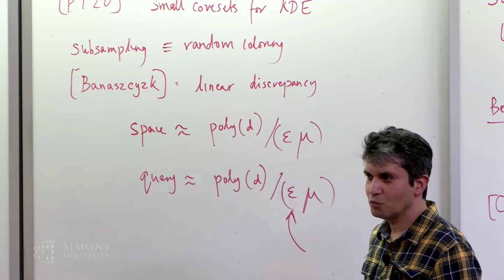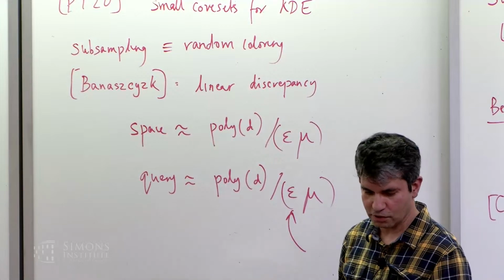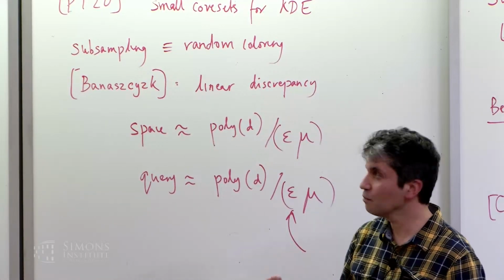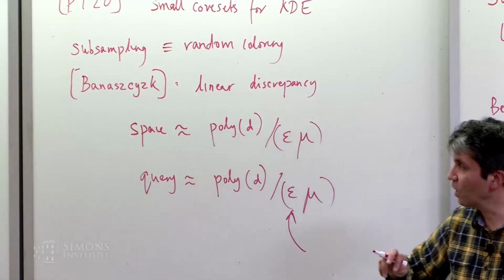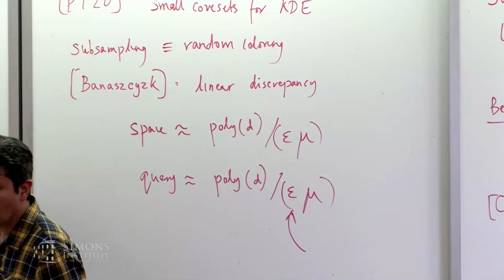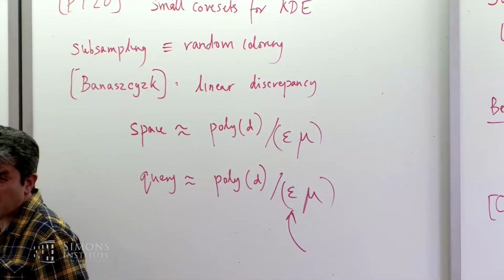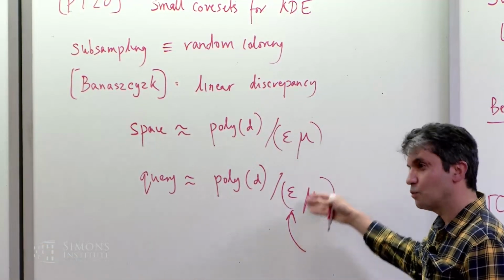And the main question that motivated our work was, can we get the best of both worlds? Can we get the best of both worlds for these smooth kernels, where we're able to get polylog 1 over mu, but with a bad dependence on epsilon, and we're also able to get 1 over epsilon dependence, but with a bad dependence on mu.